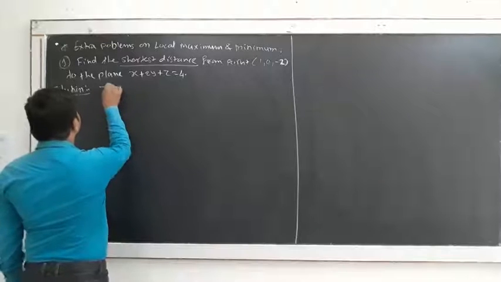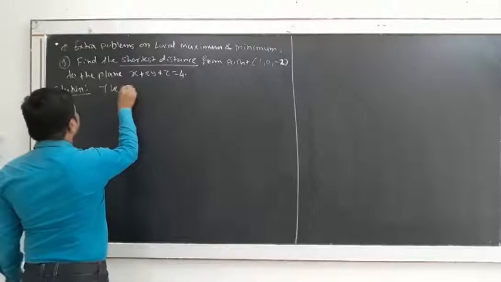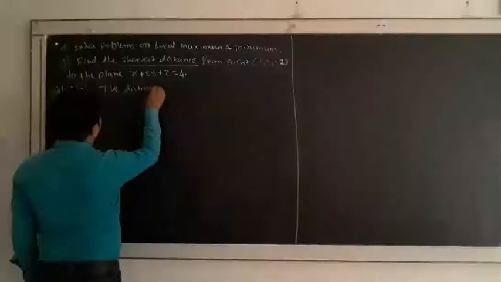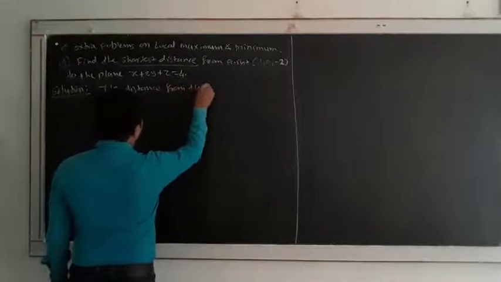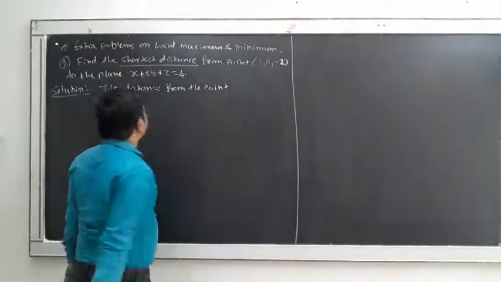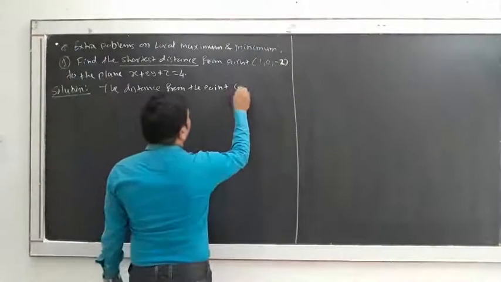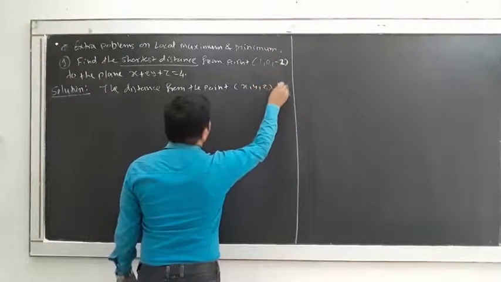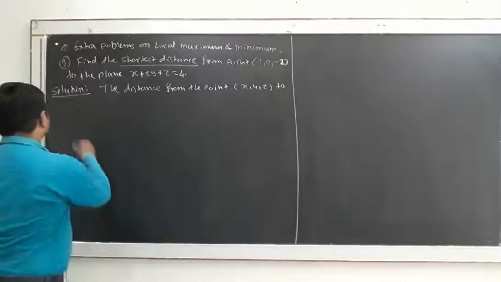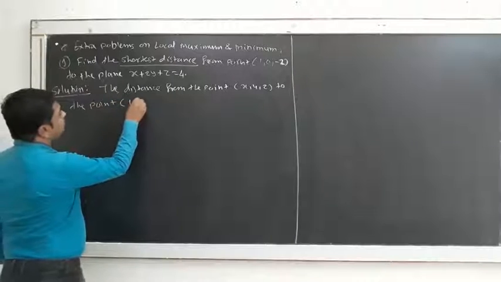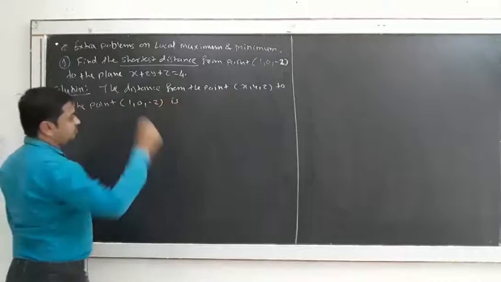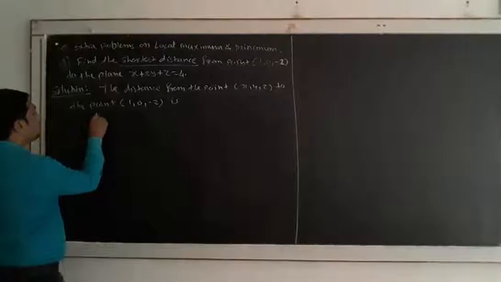So what do we write? The distance from the point (x, y, z) to the point (1, 0, -2). So what is our distance formula?